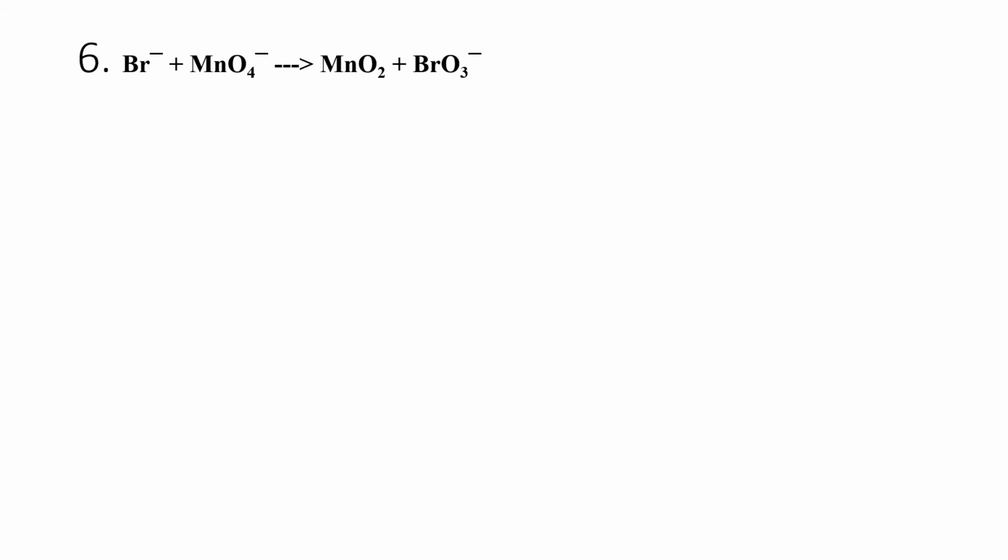The last, separate into two parts. Br minus to be BrO3 minus, and then you need to add 3 oxygen, you need here 3 H2O, then you have 6 H plus in here.